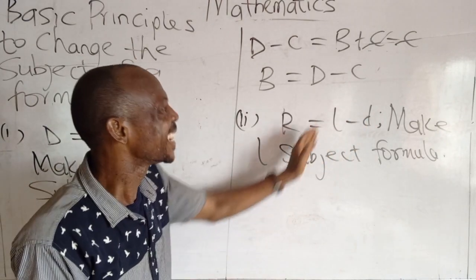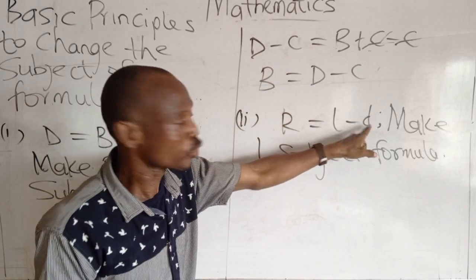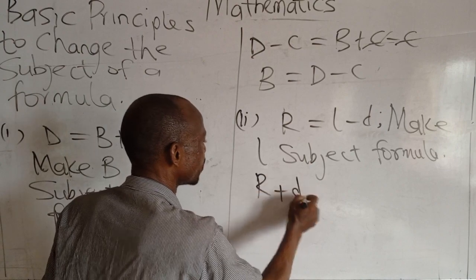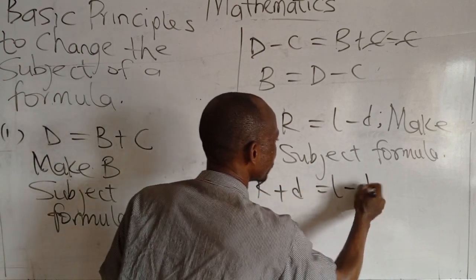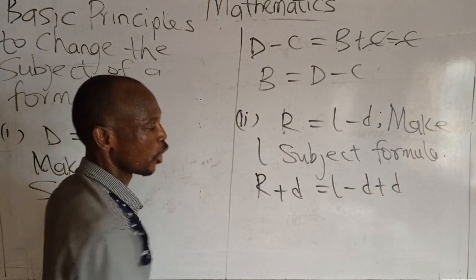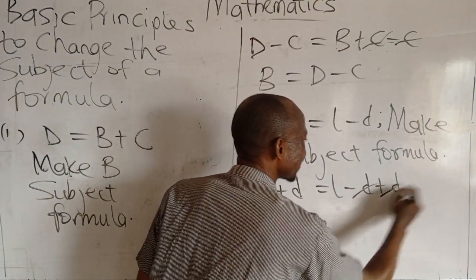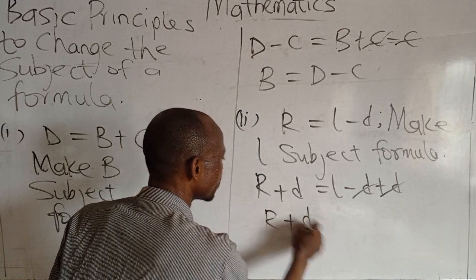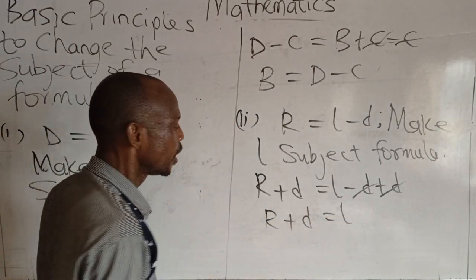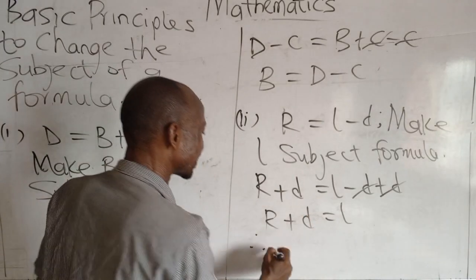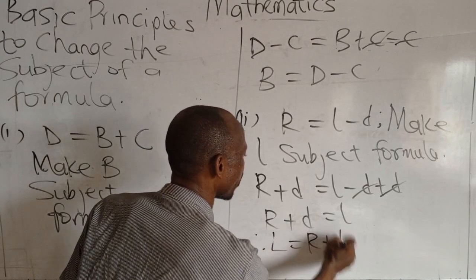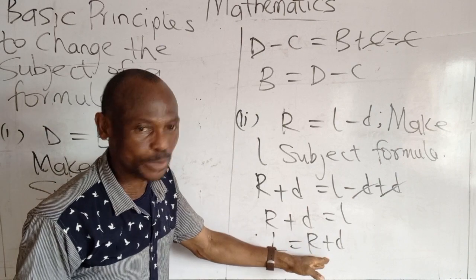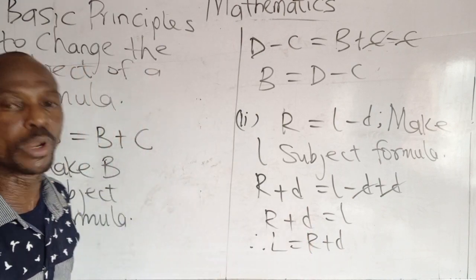So we are simply saying add D to both sides of the equation, and that gives us R plus D is equal to L minus D plus D. So minus D plus D, we cancel off each other. What do we have left? R plus D is equal to L. So our subject L is equal to R plus D.